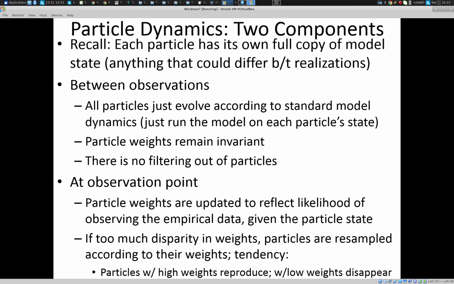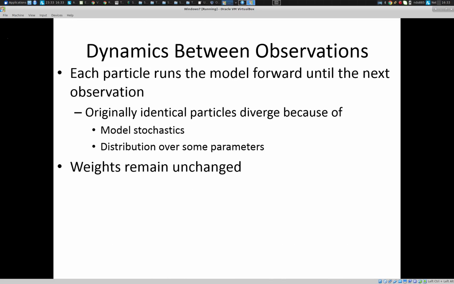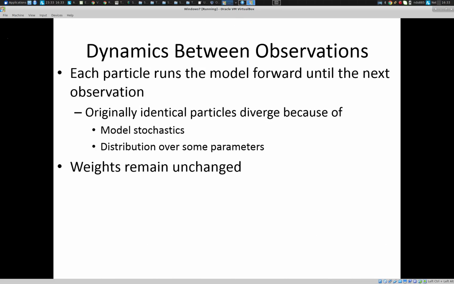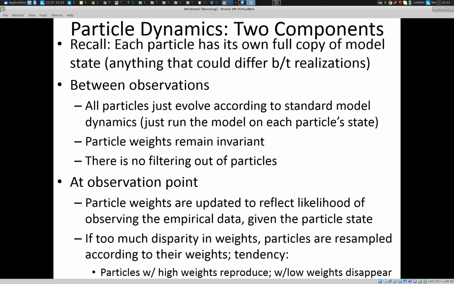And it turns out there's too much disparity in the weights. There's a resampling process that goes on that matches what is done in importance sampling. It's worth noting that between observations, these particles just run forward. But I told you that a particle might be duplicated in resampling. So in the resampling process, if too much disparity is in weights, particles are resampled.